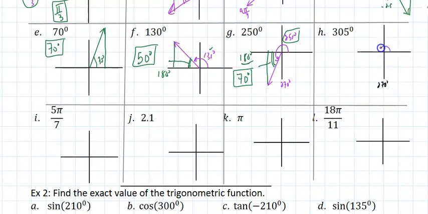So 305 degrees must be in quadrant 4. But I know if I run all the way, this is 360 degrees. So what does that make this angle? From 305 to 360, wouldn't that be 55 degrees?